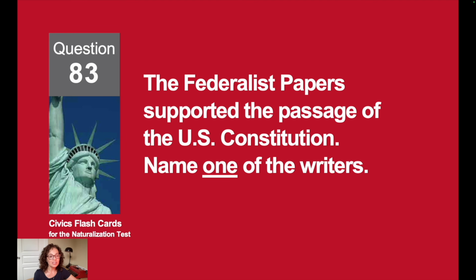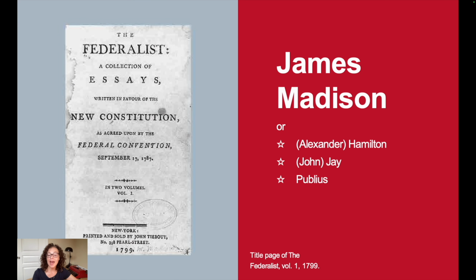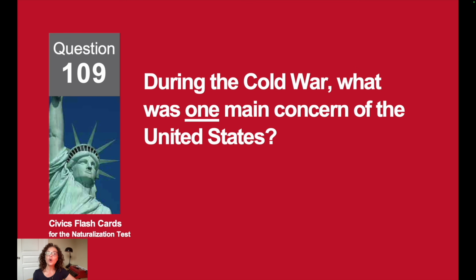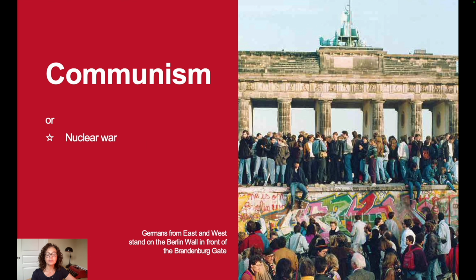The Federalist Papers supported the passage of the U.S. Constitution. Name one of the writers. James Madison. During the Cold War, what was one main concern of the United States? Communism.